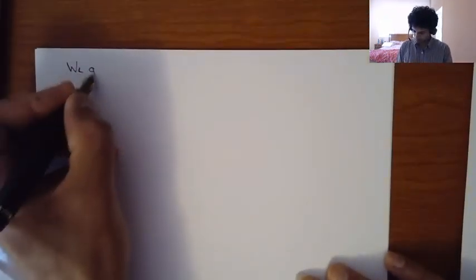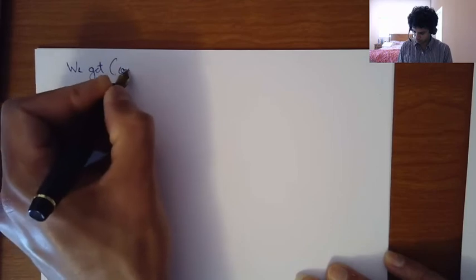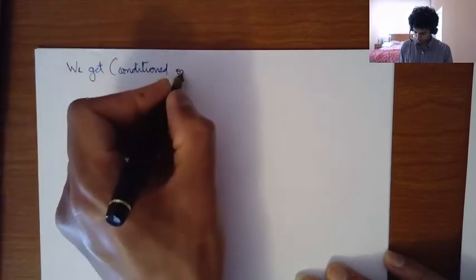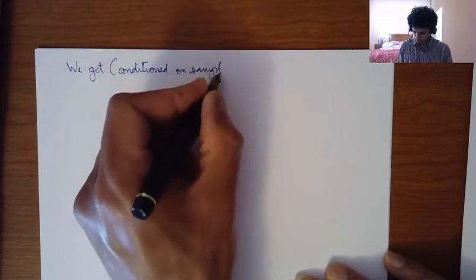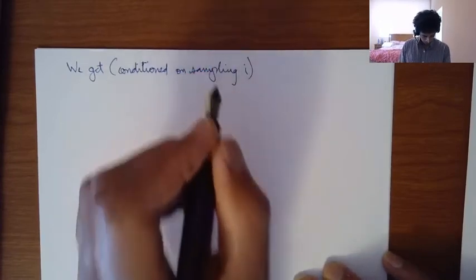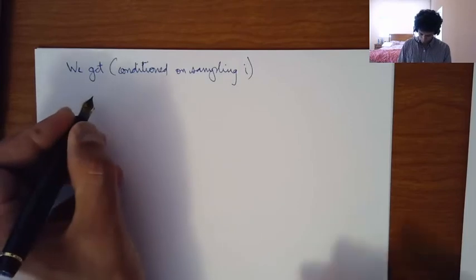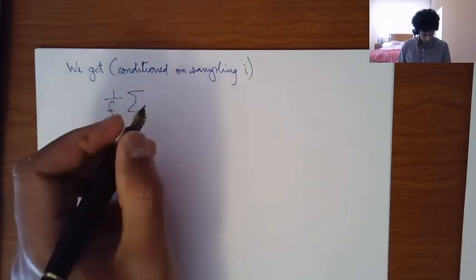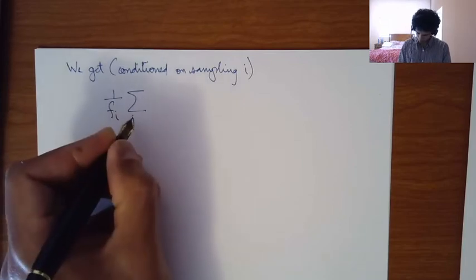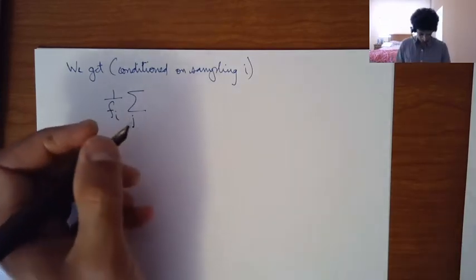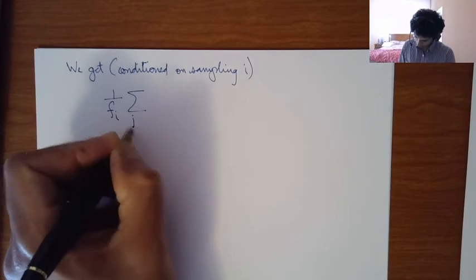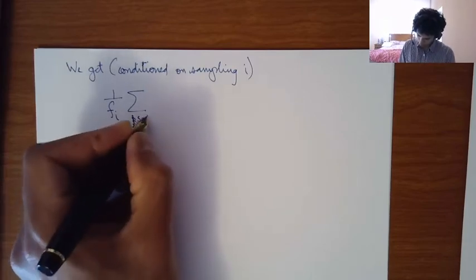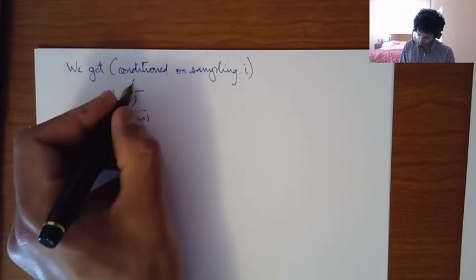Conditioned on sampling i, we'll get 1 divided by f_i, summation of, let me use some other index, let me use s going from 1 to f_i.